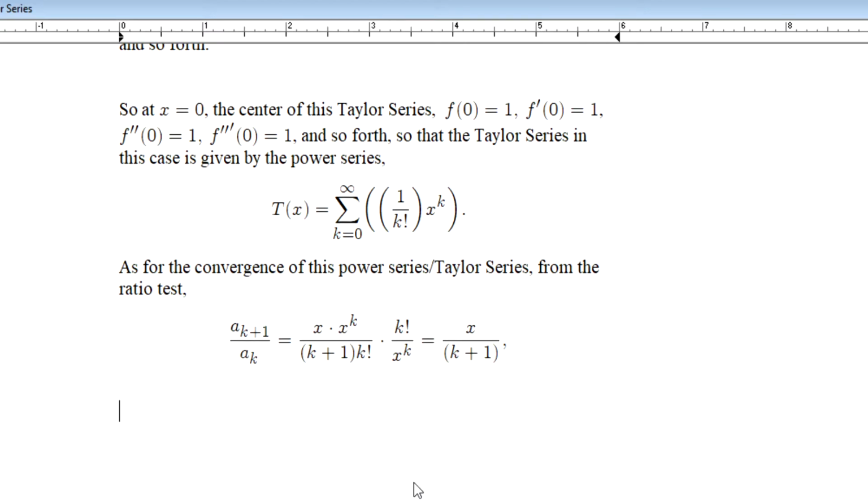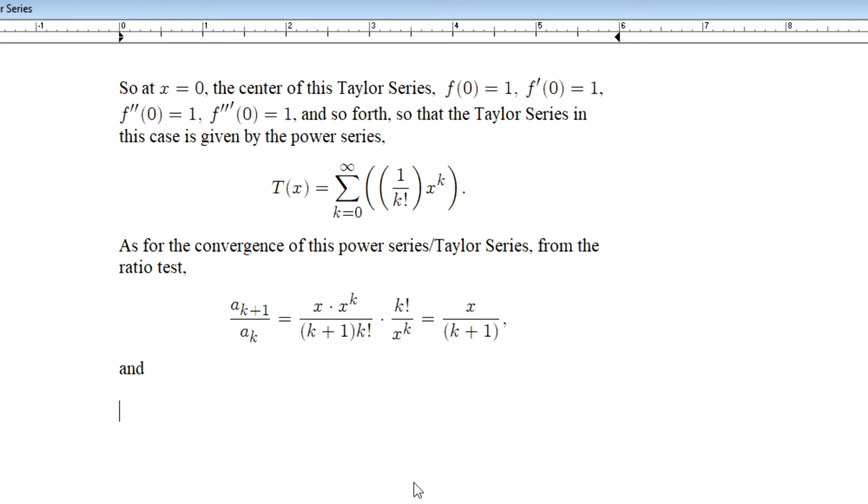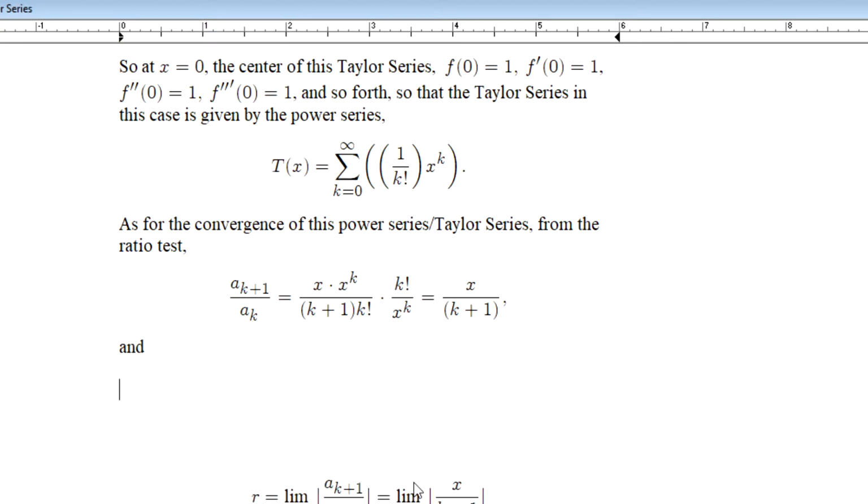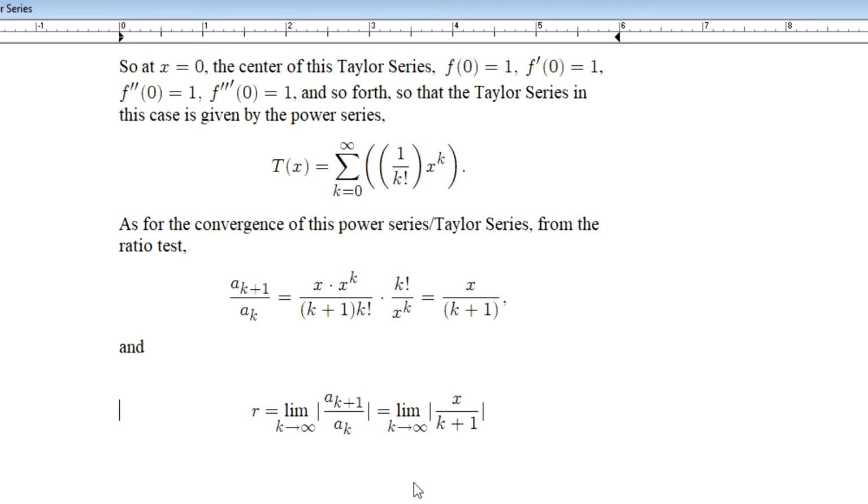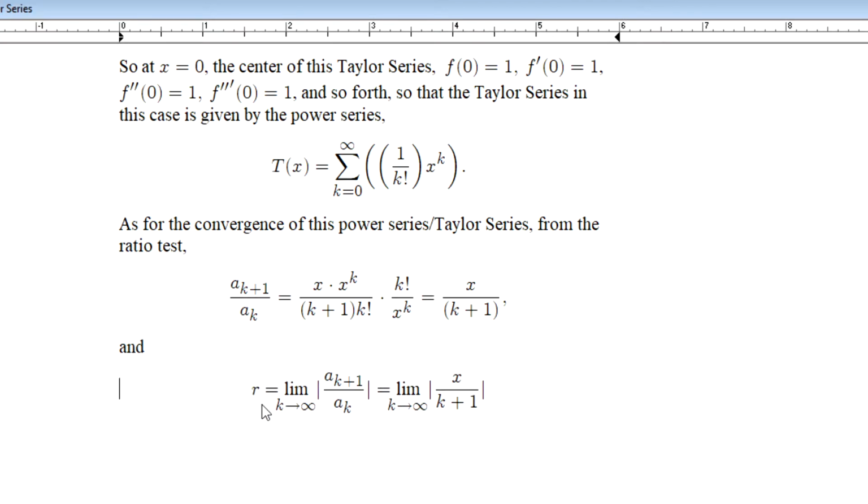Where if we now take note of what's going to be the value of the ratio test, r, r then is going to equal this value here. It's going to be the limit as k heads to infinity of the absolute value of this ratio, or the absolute value of x over k plus 1.